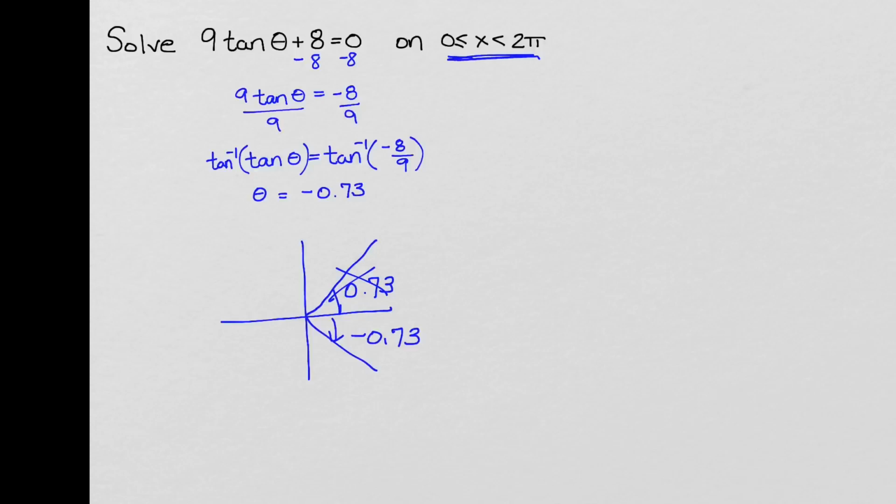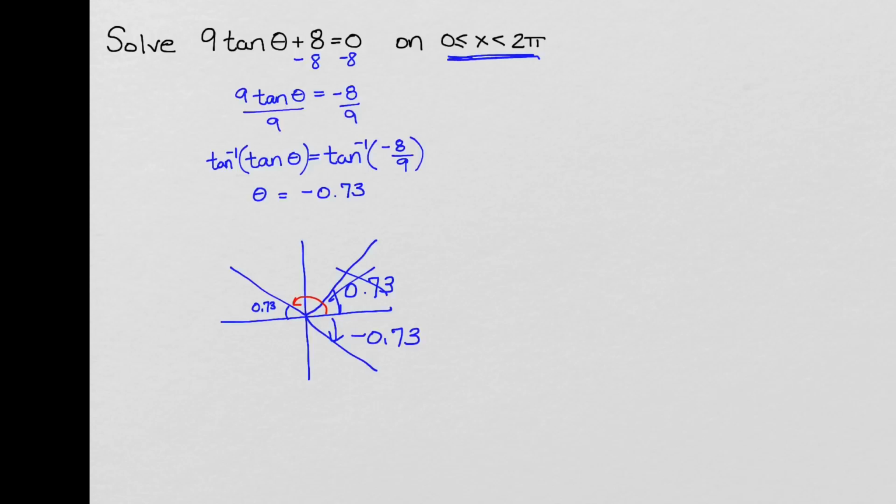So I'm going to go over to quadrant 2, and I'll draw the corresponding angle there. Okay. And if this was 0.73, then this would be 0.73.